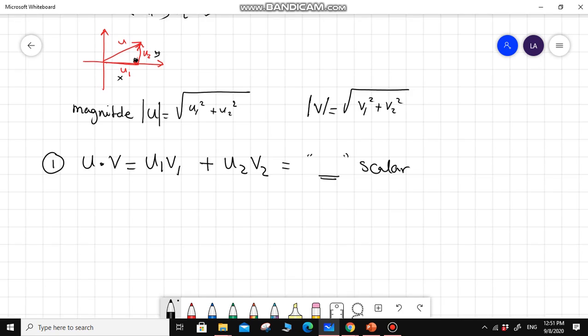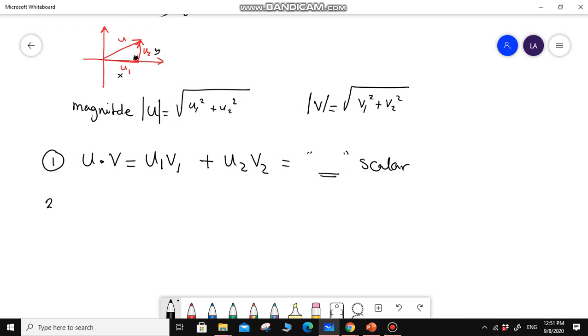Another way of defining the dot product involves the angle, because these two vectors might be making any angle in the coordinate plane. This might be u and v, or for example, if we are interested in a and b, this will be the angle. So there is another definition of the dot product which involves the angle between the two vectors.